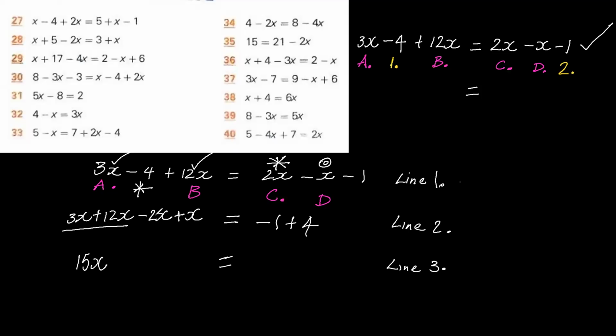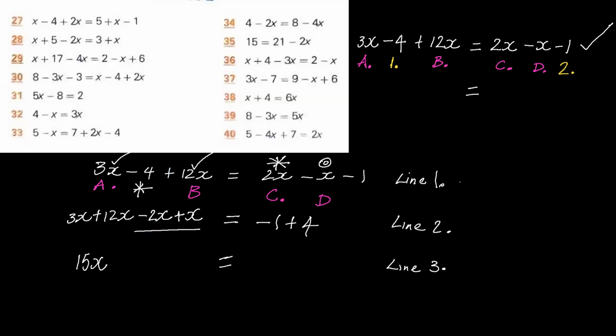And what is negative 2x plus x? Negative 2x plus 1x. Negative 3x. The signs are the same or different?